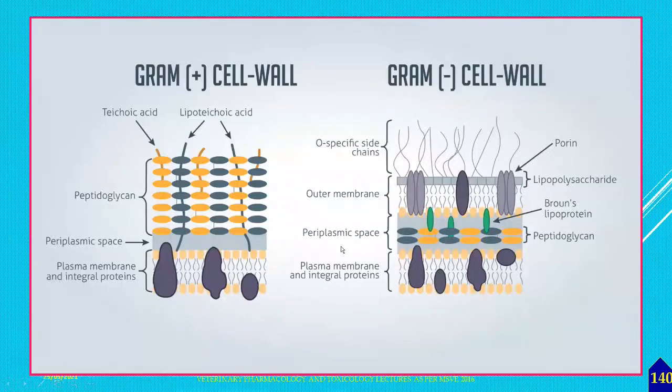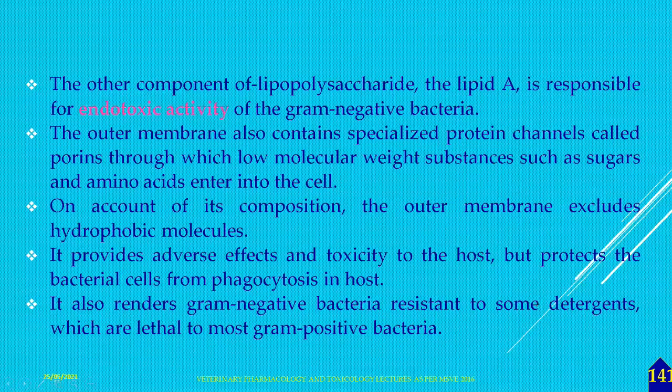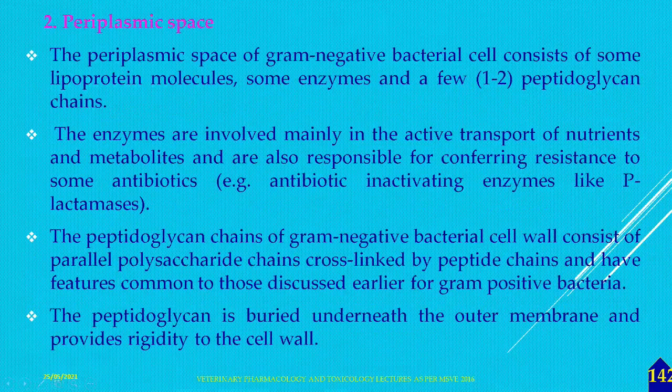It contains Braun's lipoprotein and also the peptidoglycan moieties. The enzymes are involved mainly in the active transport of nutrients and metabolites, and are also responsible for conferring resistance to some of the antibiotics.